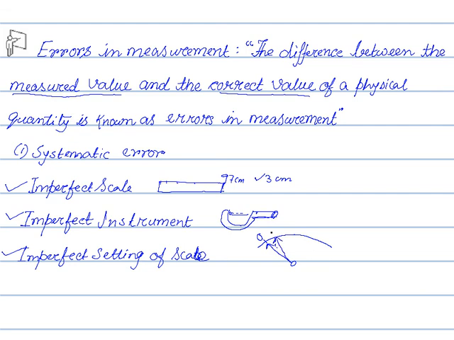Say it has covered the 3 mark, so it means that it has a zero error. Similarly, if after passing current this pointer reaches up to this point, it means it has introduced this much error, because the pointer should ideally start from 0. So because of the imperfect setting of the scale, systematic error is introduced, and it can be corrected.